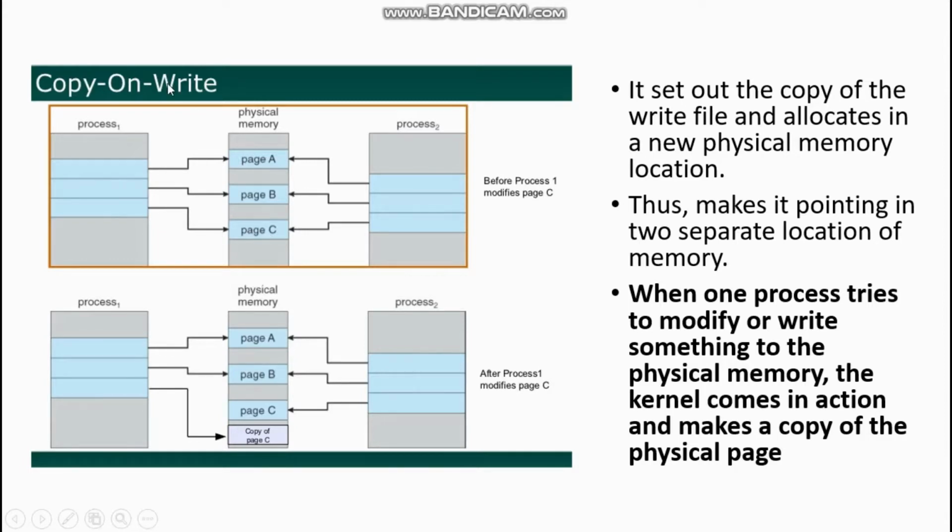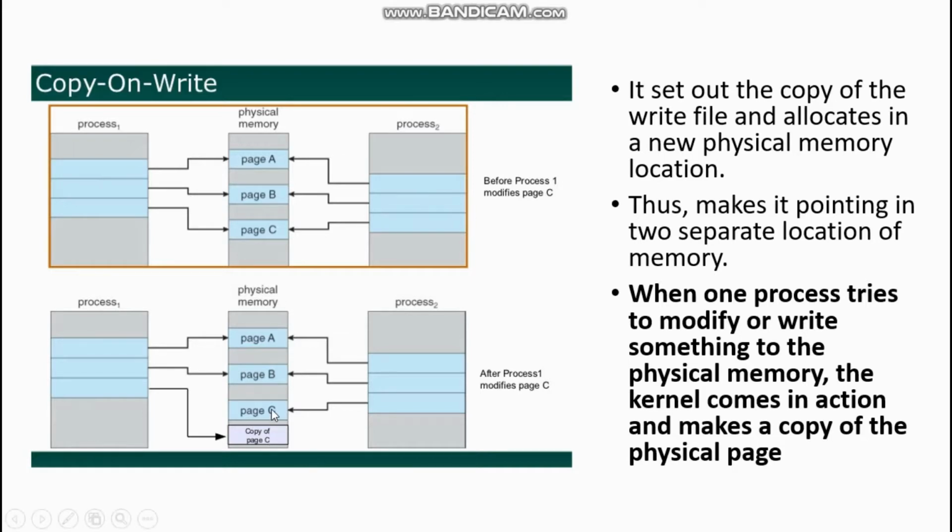So after the copy-on-write mechanism is applied, as you can see with page C, when process C tries to modify or write something to the physical memory, the kernel comes into action and makes a copy of the physical page. As you can see, it makes a copy of page C into another separate location in physical memory.